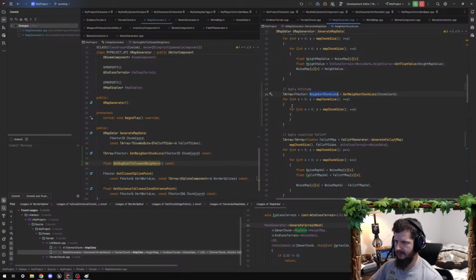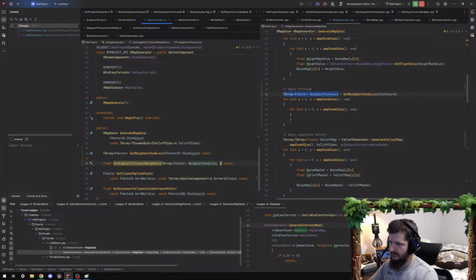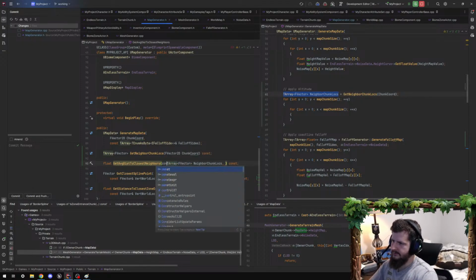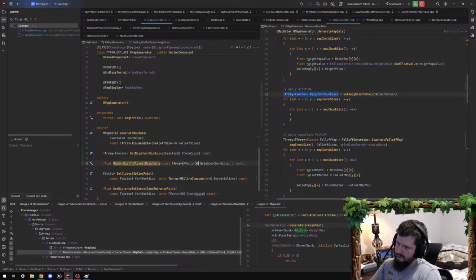And this will take in neighbor chunk locs, pre-calculated, of course. And I guess it'll also take in an X and a Y.